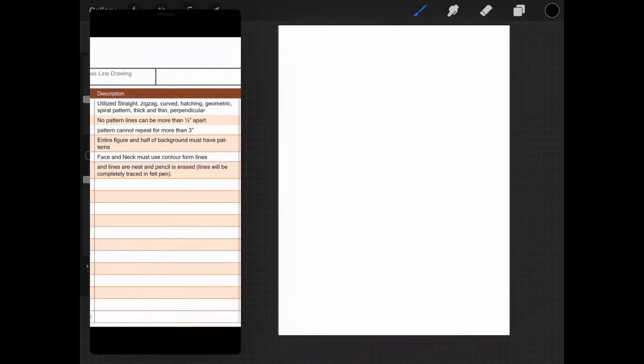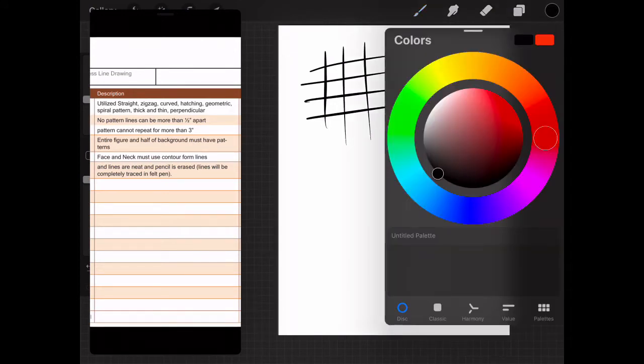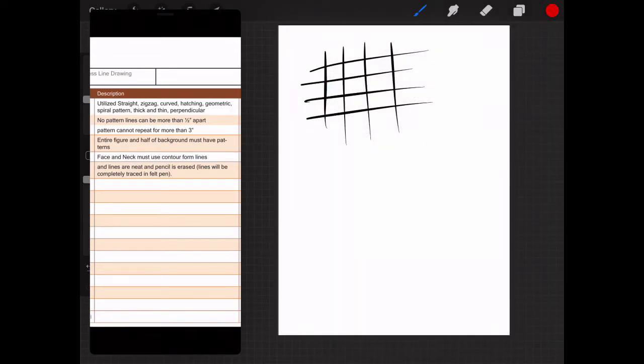You might be asking, well, what if I can get multiple types of pattern with a single series of lines? And you're right, you can absolutely do that. Right here, this cross-hatching section actually accomplishes a few types of line. You have, of course, your cross-hatching lines, which are present. You also have straight lines.